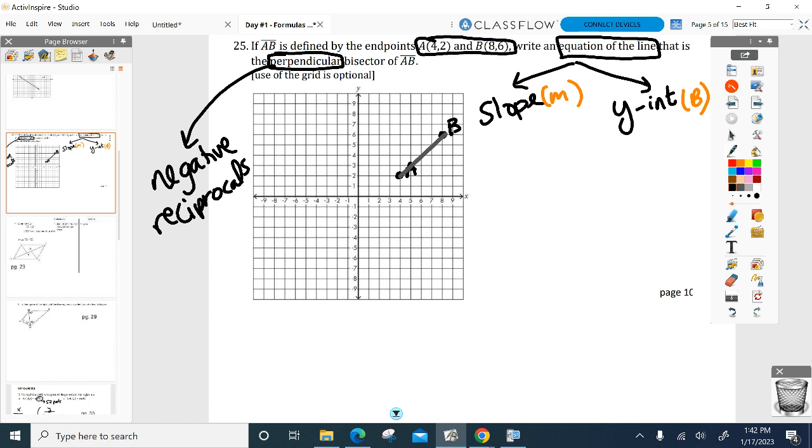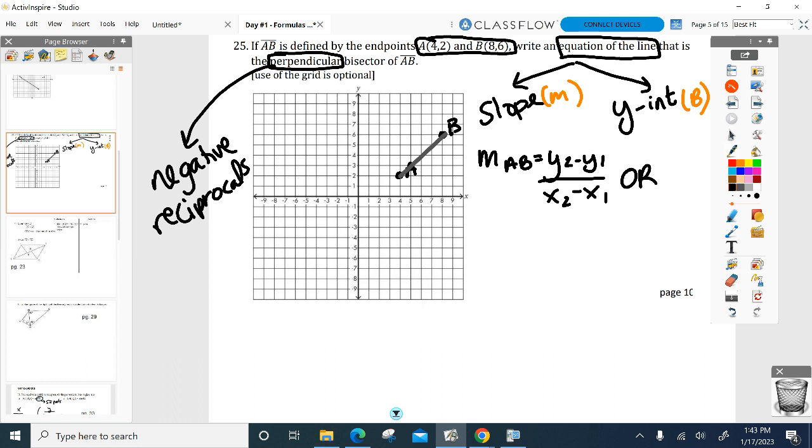I can't take the negative reciprocal unless I have something to take the negative reciprocal of. So slope of AB. You could do it one of two ways. This is one of the formulas you're going to need. Slope formula, y2 minus y1 over x2 minus x1. Or, I'm not actually going to use that because it's a graph.